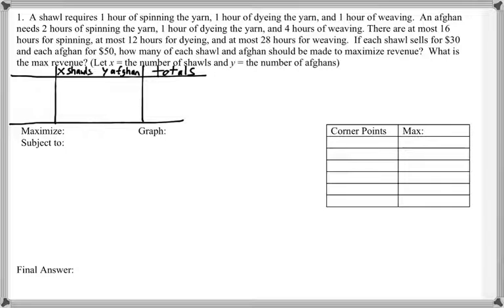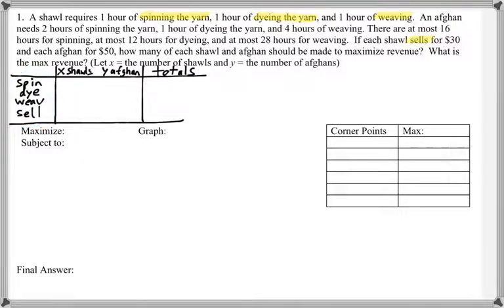They are talking about spinning the yarn, dyeing the yarn, weaving, as well as selling. So we have spinning, dyeing, weaving, and selling. So the types of information, I'm going to put that on the side.